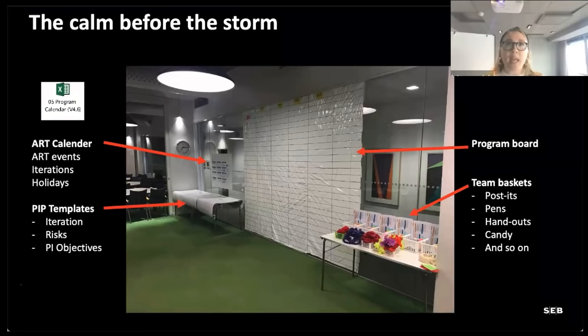I think the main benefit, if I were to highlight one, is that I'm a very pro face-to-face meeting and physical artifacts kind of person. My stance here is the feeling in the room. It's quite a massive event, often ARTs of 50 to 125 people roughly.